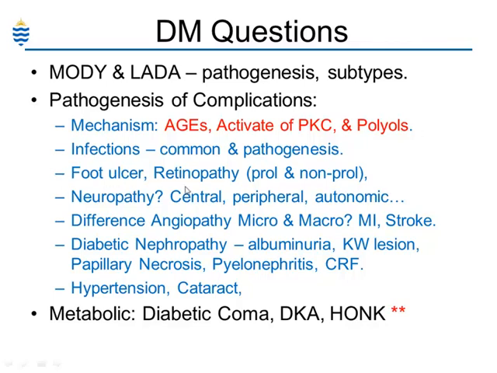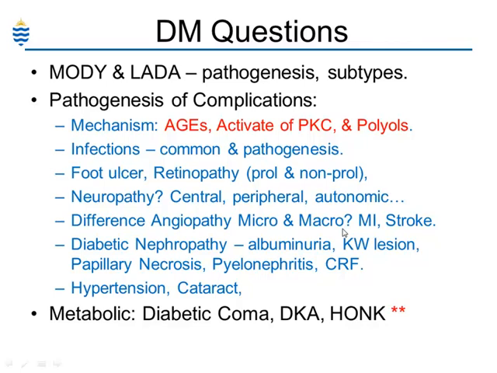Okay. Foot ulcer, retinopathy, proliferative retinopathy, non-proliferative retinopathy. Again, all these things we are asking pathogenesis. Neuropathy, angiopathy. What is the difference between microangiopathy, macroangiopathy?